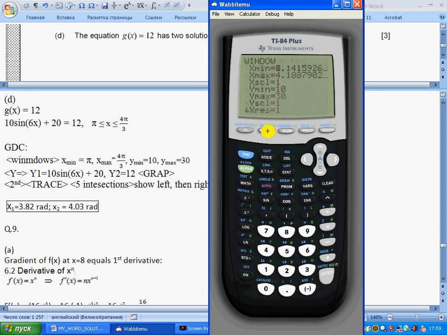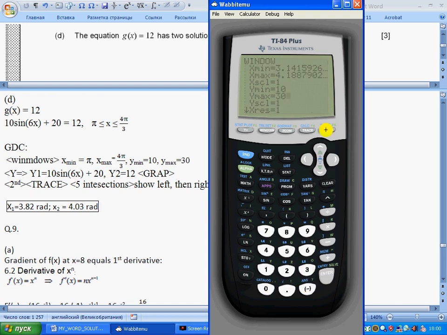And then we go to Windows, and here we put from pi to 4 pi over 3, and for y, because the left function is from 10 to 30, here we put 10 and here y maximum we put 30.